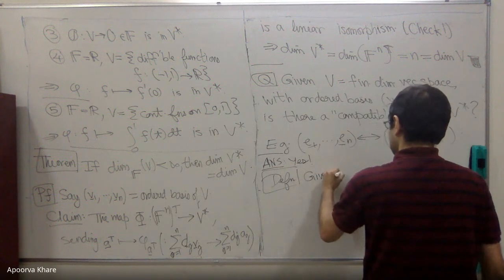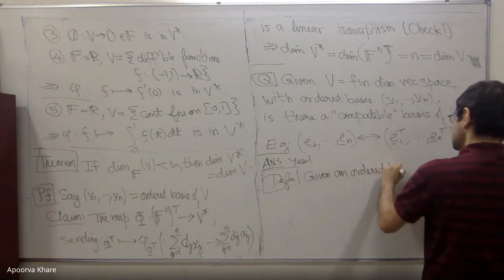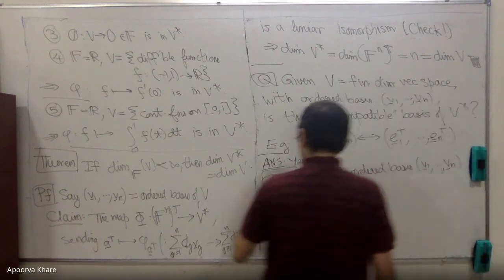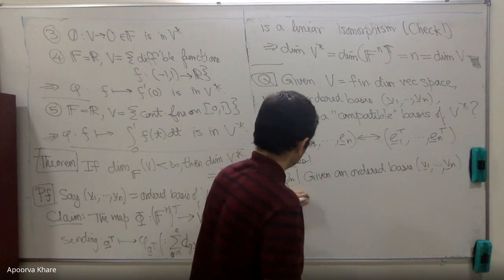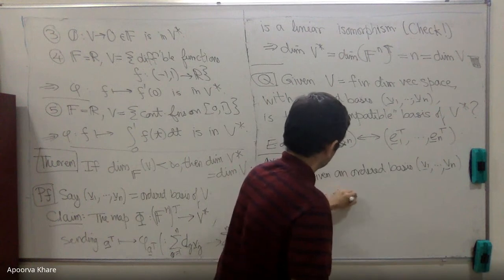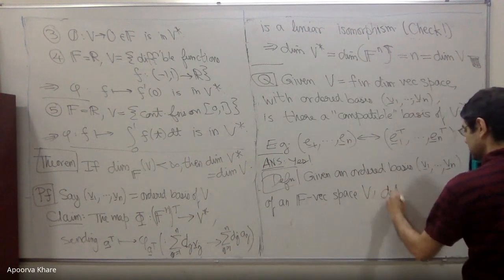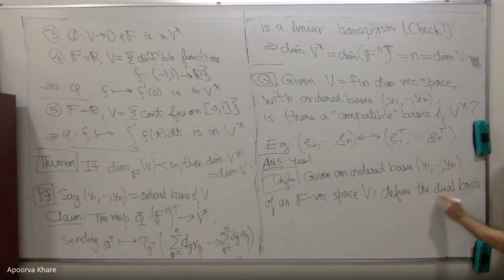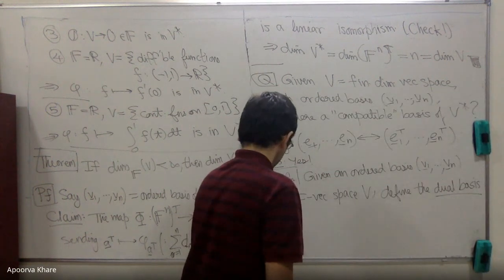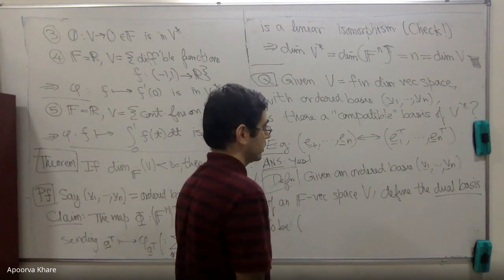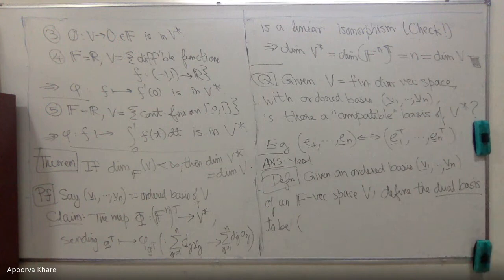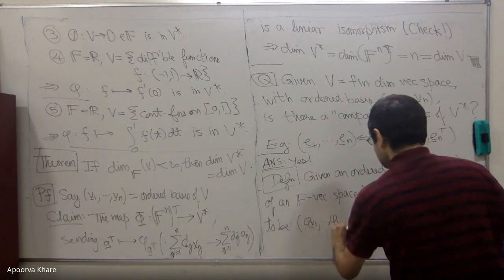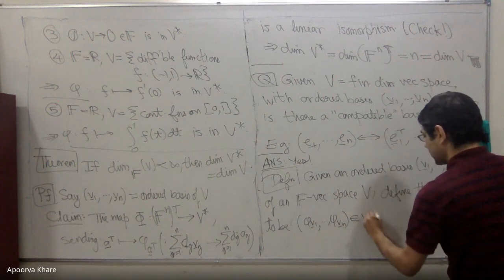Given an ordered basis of an F vector space V, define the dual basis to be phi v1, phi v2, through phi vn. Of course, this belongs to V star to the n.